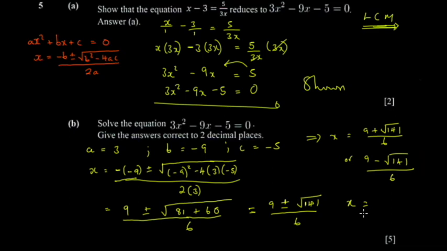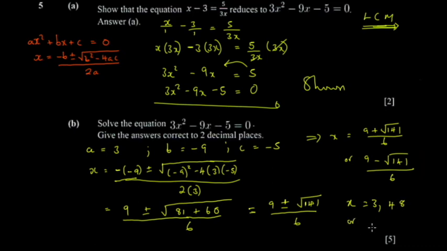Okay, so you put your fraction mode, then 9 plus square root of 141 divided by 6 equal to, then you change it to a decimal, it becomes 3.4. It says 2 decimal places, so 3.48.